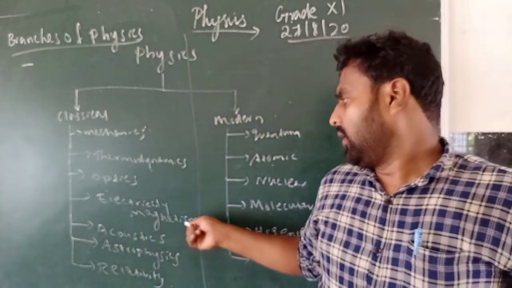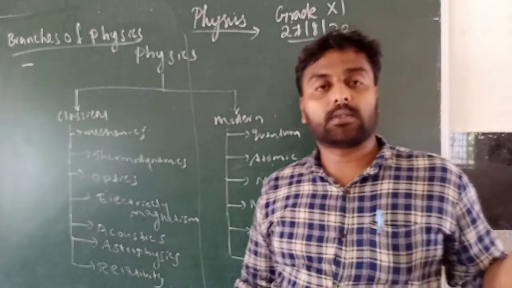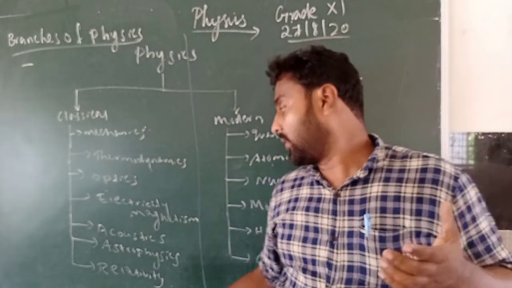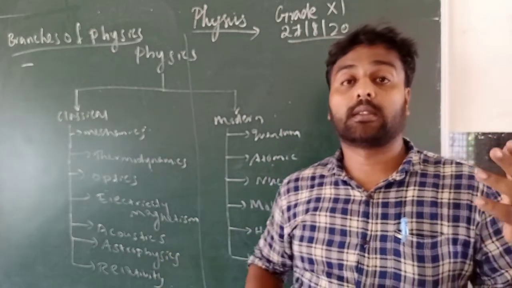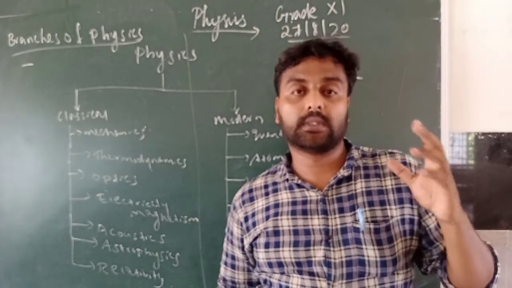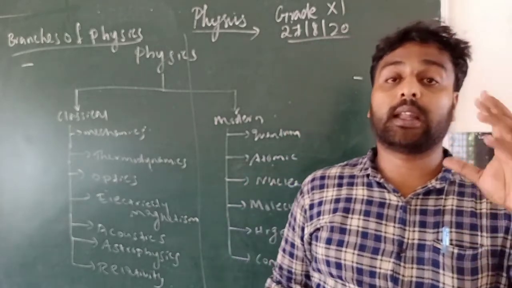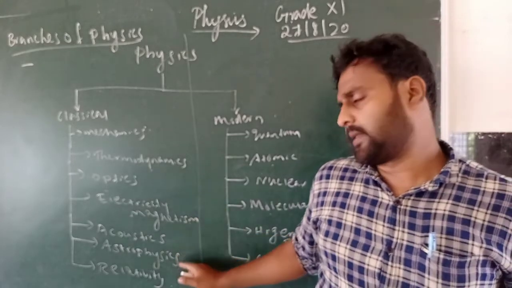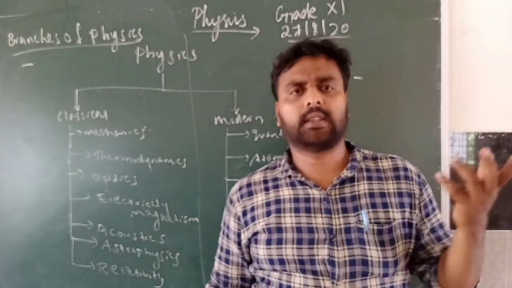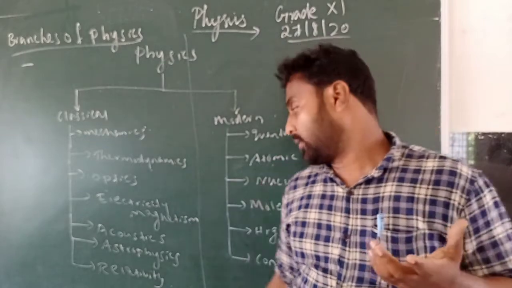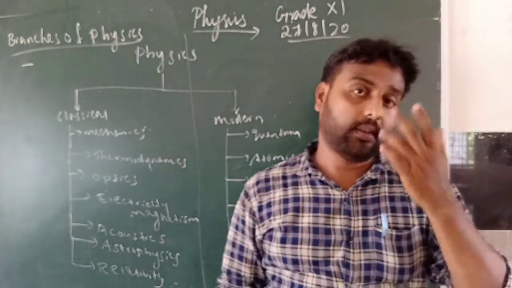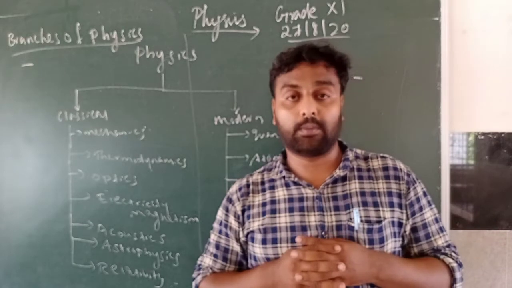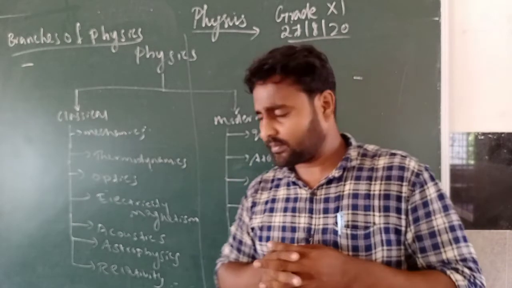So the next one is acoustics. Acoustics means the study of sound. It is a branch of physics which deals with the study of production and propagation of sound waves. Next, astrophysics, studying astronomical objects. Here, relativity, relationship between space, time, and energy.